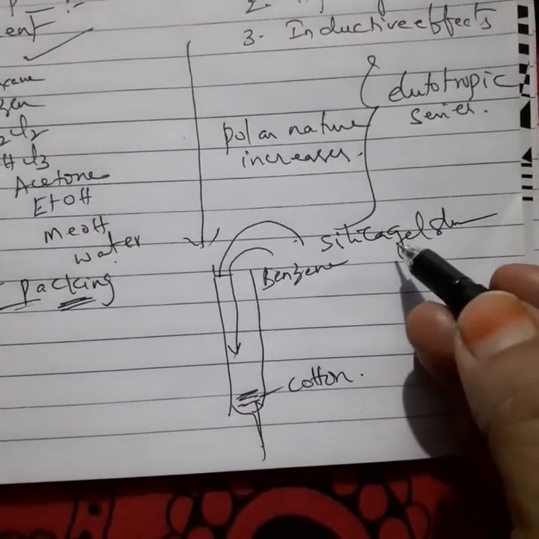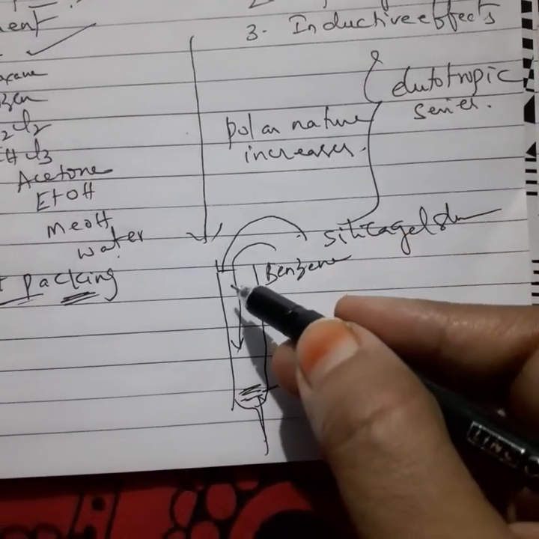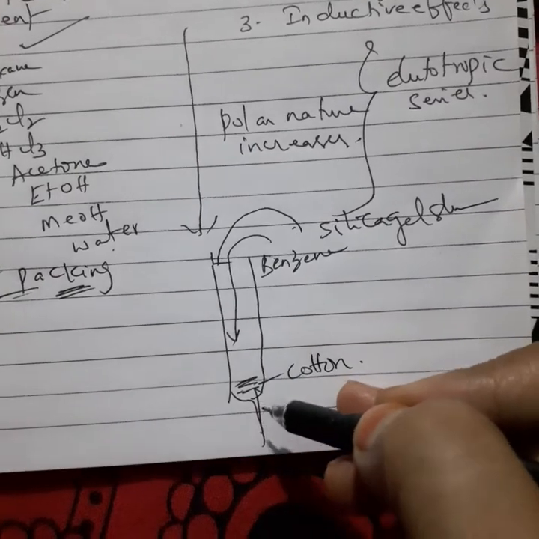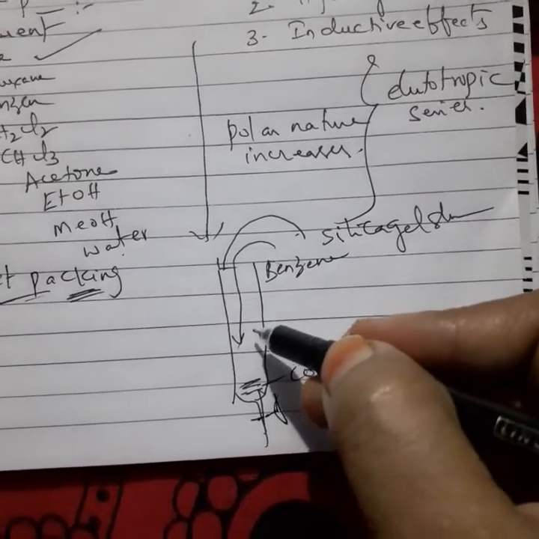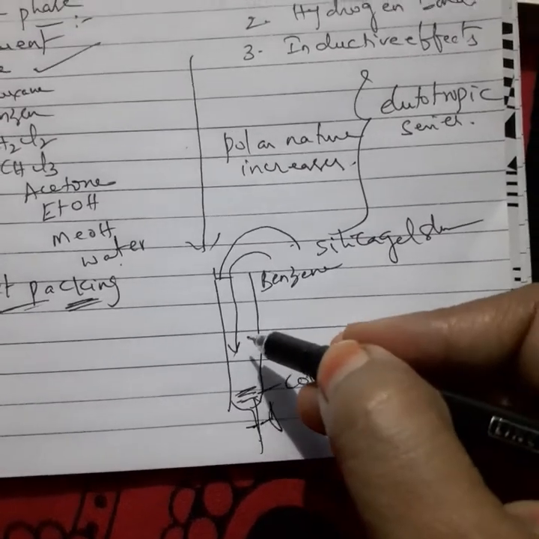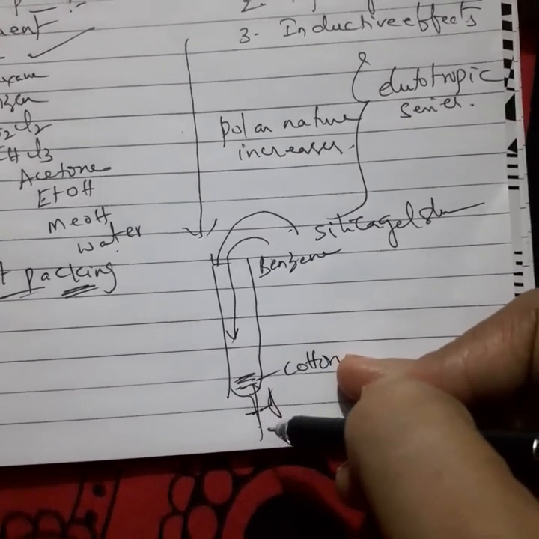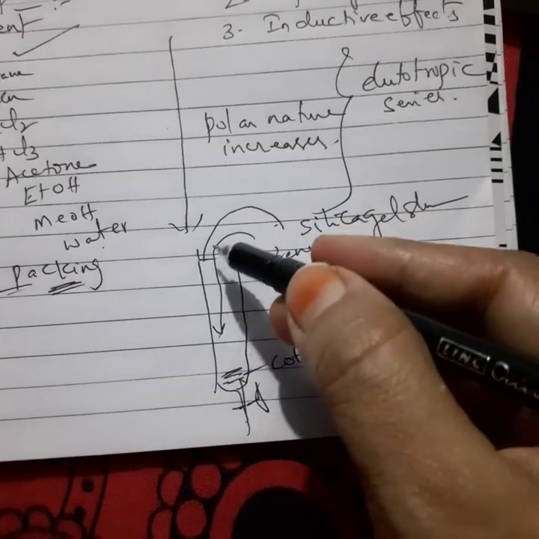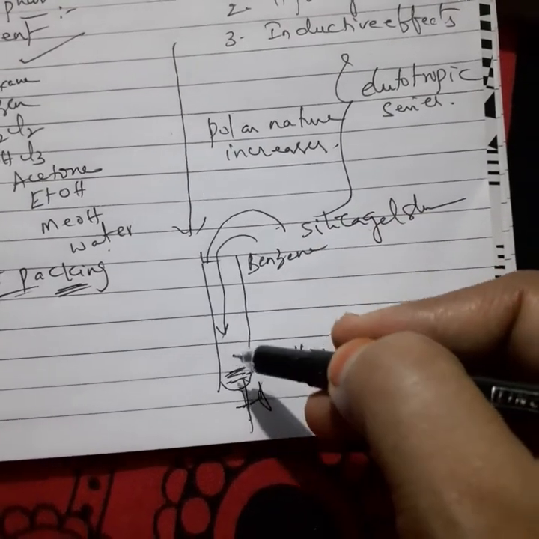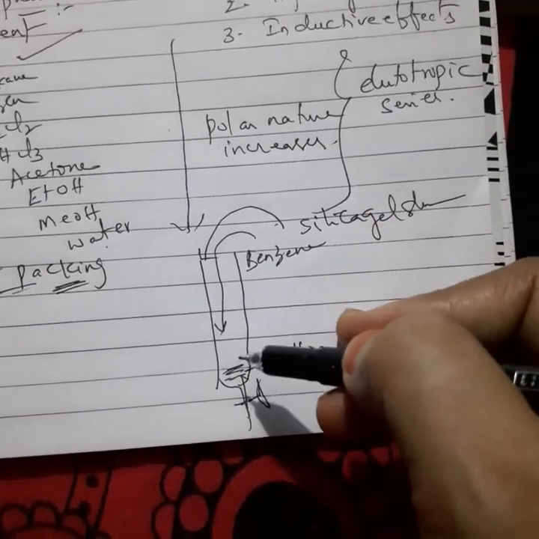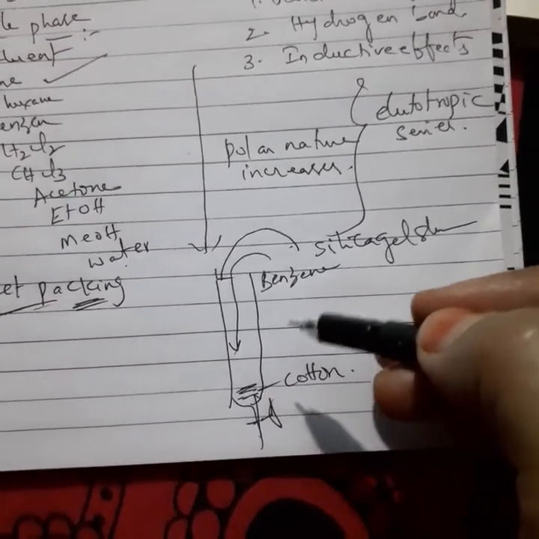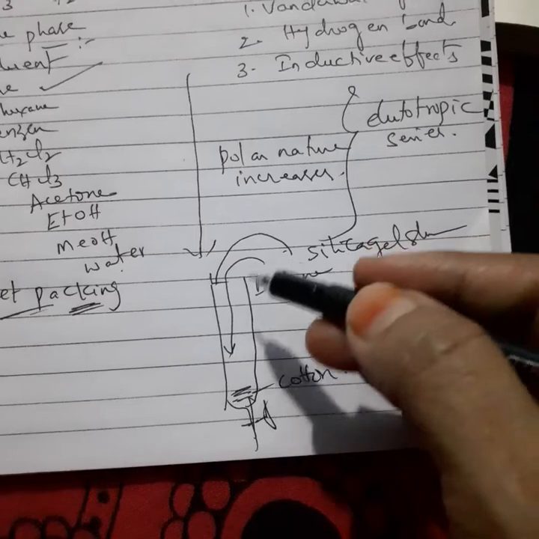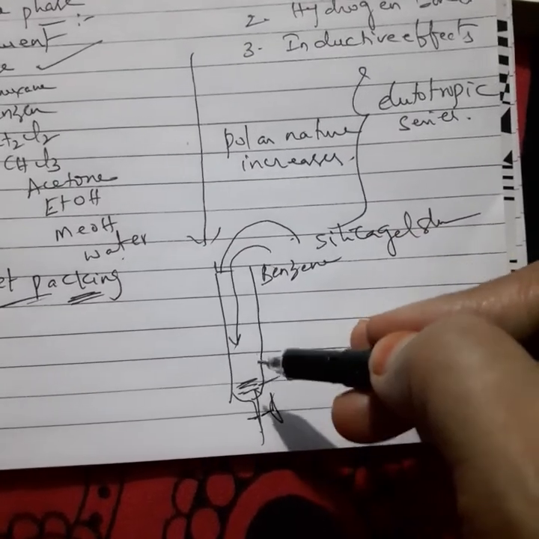While you are pouring this silica gel slurry into the column, you need to open the tap here, so that the benzene slowly comes down and the silica gel is placed in the column uniformly. That is very important. No lumps should be there while you are pouring the silica gel slurry into the column.